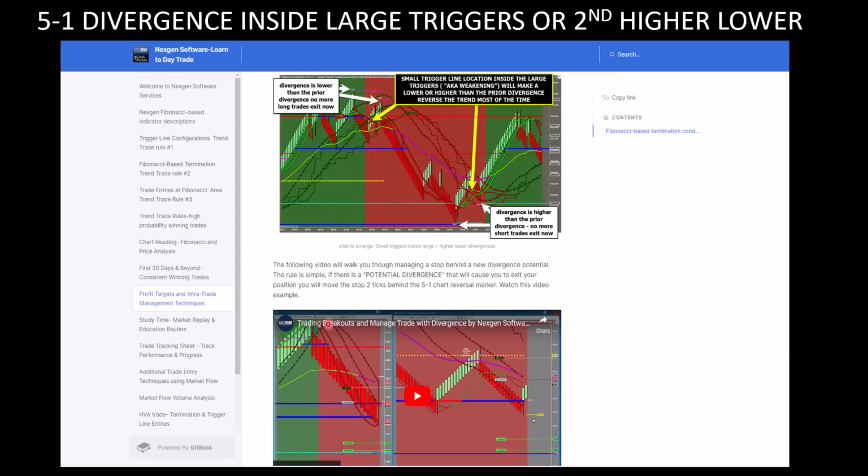So that's in the termination section as well as the management section. All of these concepts overlap with each other considerably. So in the management section, if you have a weak top and you have a lower divergence, you have to get out. Or if you have a potential weak bottom and you have a higher divergence, you're going to have to get out.